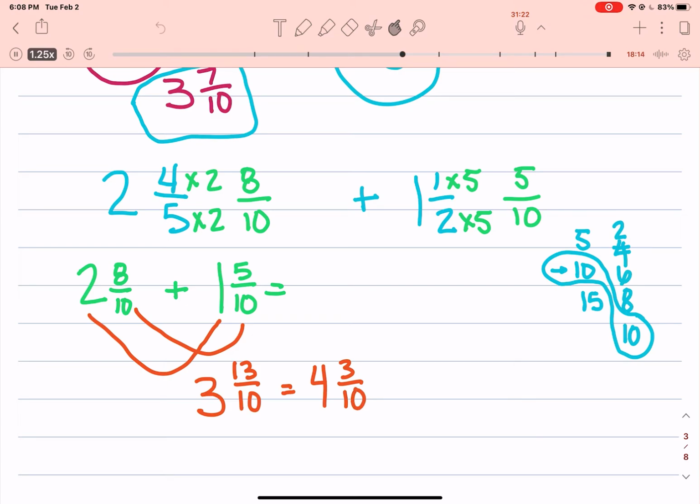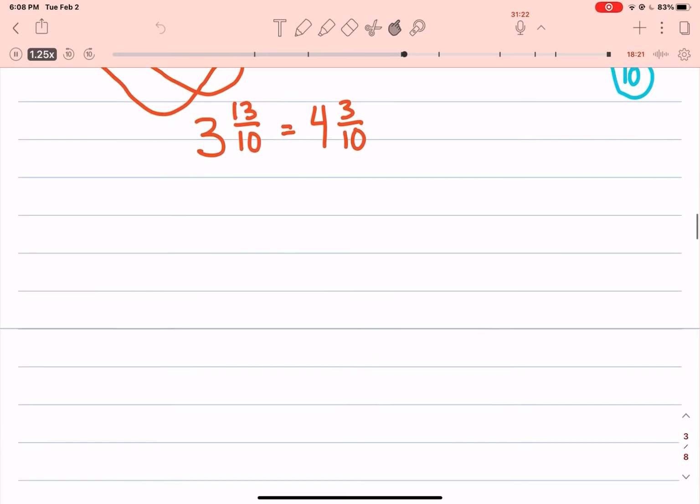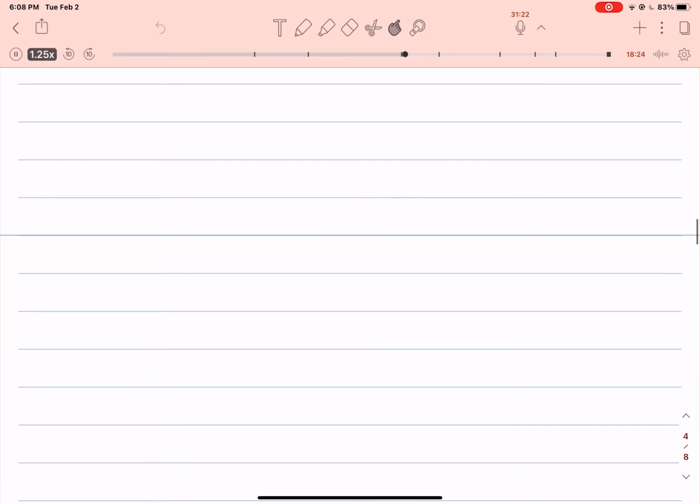Okay, guys, let's write out one and write some steps to go along with it. This one should be good. 2 4/5 plus 1 1/2. All right. So step 1, let me write my steps over here. 1.